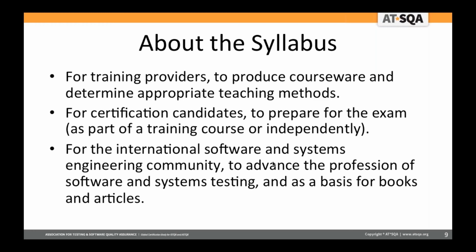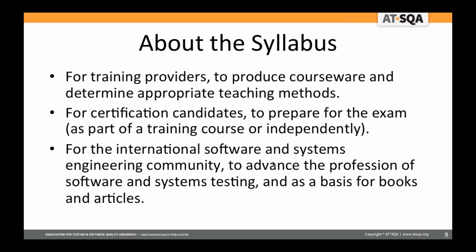In this syllabus, the learning objectives are much like in other certifications for software testing. You have ranging from K1, which are things that you should be able to remember and recite back, like terms and those kind of things, to K2s, which are the things that you should be able to understand the rationale for, to K3s, which are the things that you should be able to practically do.